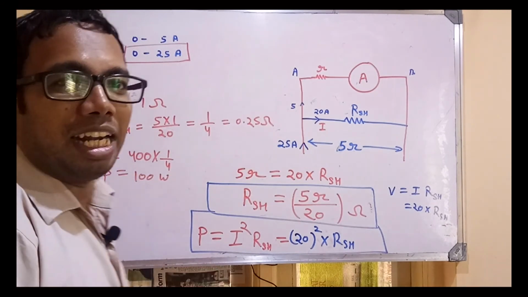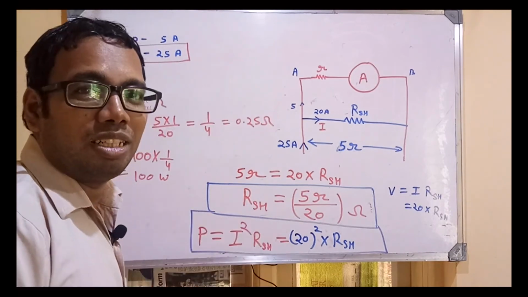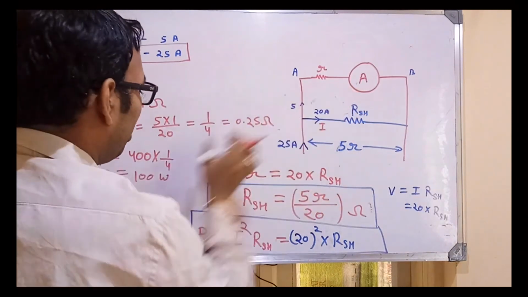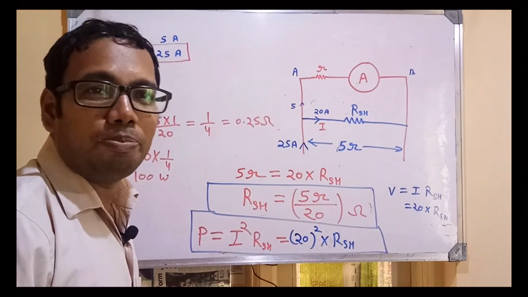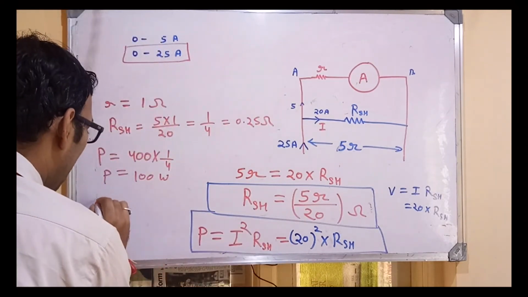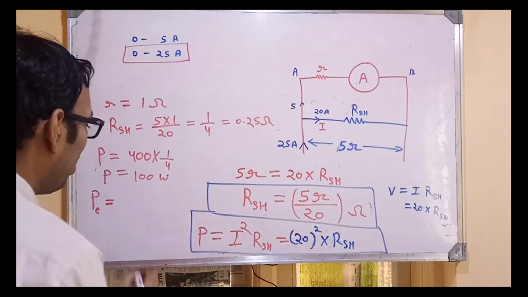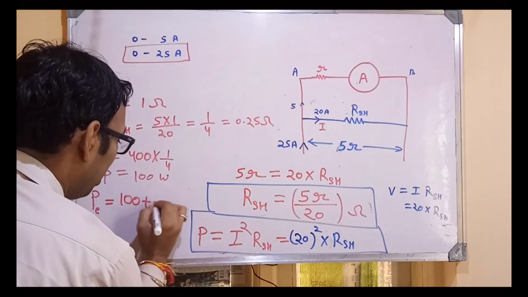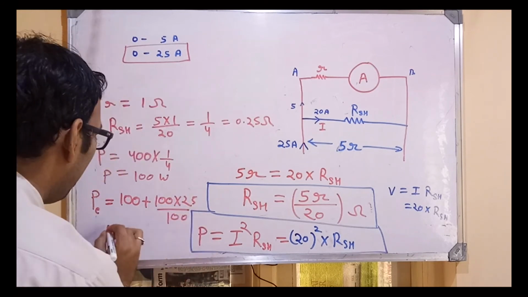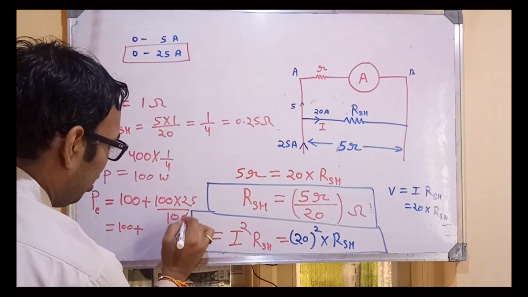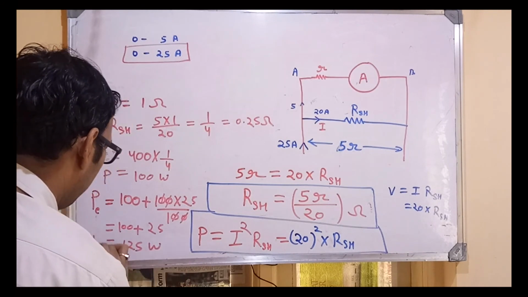So power is 100 watt, but we will not put 100 watt because we have to go on the safer side. Otherwise it will burn, because the maximum current is flowing through this resistance. So we will take 20 to 25% extra power rating. So the actual power rating is 100 plus 25% extra, so it will come to 125 watt.